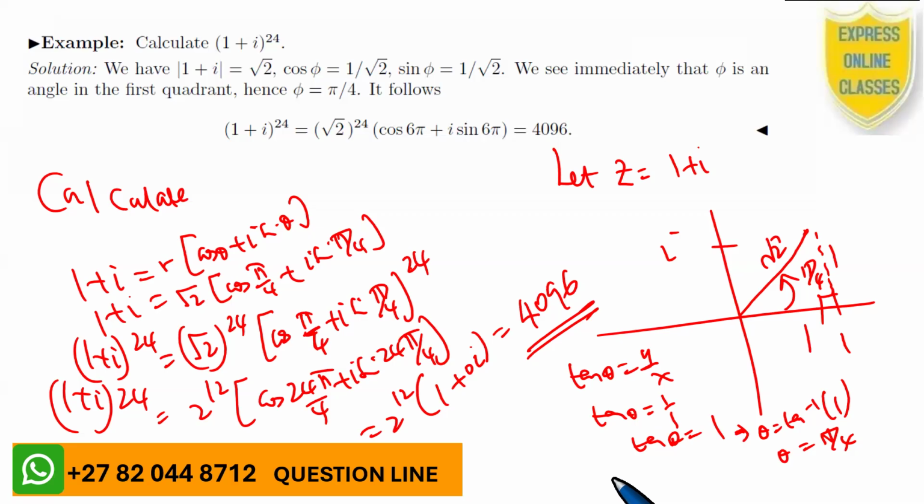Okay, let's see what we have here now. So let us look at this one. This was just an example. This example uses De Moivre's theorem. At this step here, it is De Moivre.